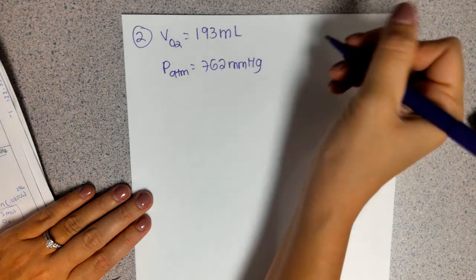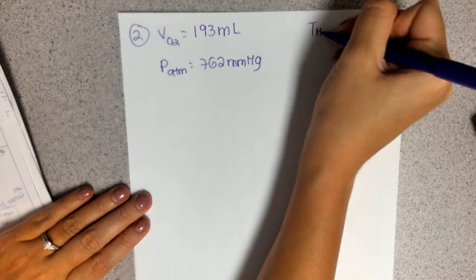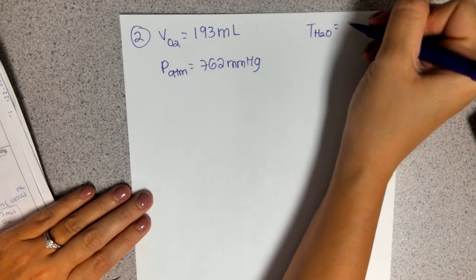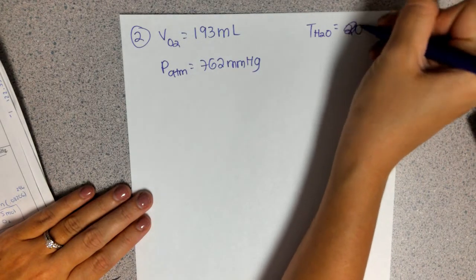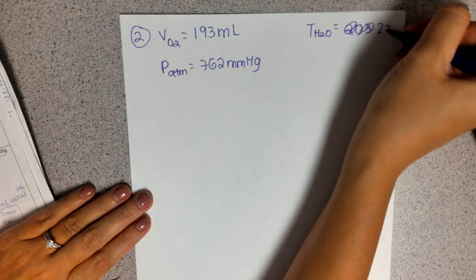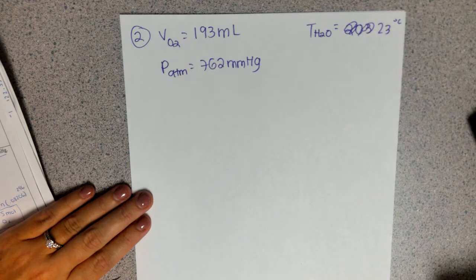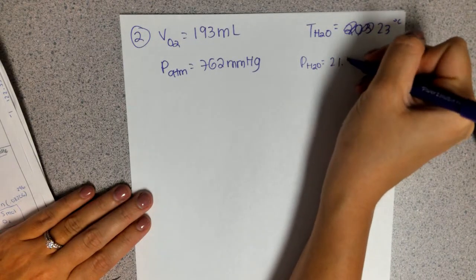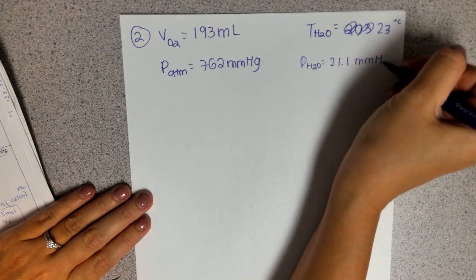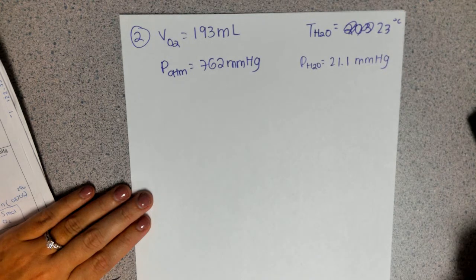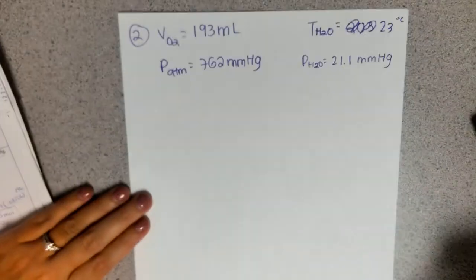The temperature of the water, T H2O, was 23 degrees Celsius. Oops. Be nice if I could write the number. And then the vapor pressure of water is 21.1 millimeters of mercury. So part A, what's the pressure of the oxygen gas collected?